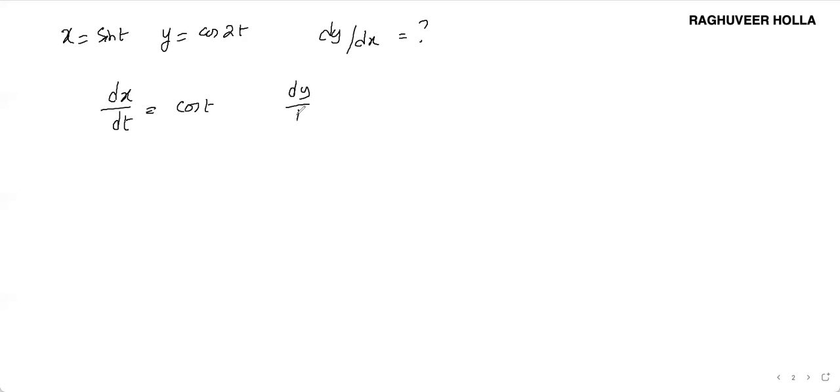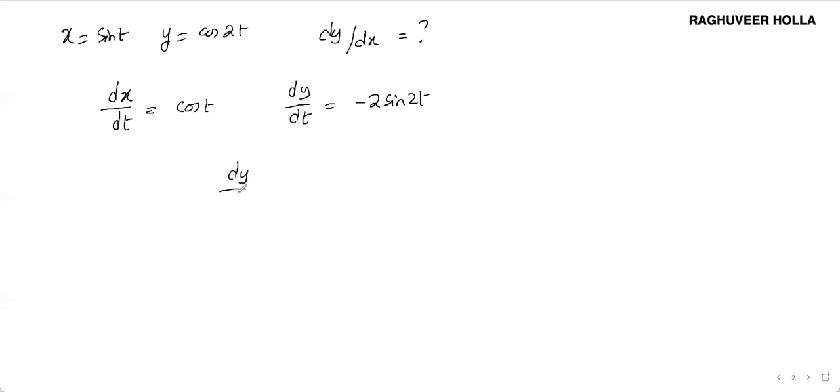Now let us look at another problem. Now again, x is equal to sine t and y is equal to cos 2t. Again, let us find dy by dx here without eliminating any variable. Differentiating with respect to t on both sides, dx by dt will be cos t, and dy by dt is minus 2 sine 2t.